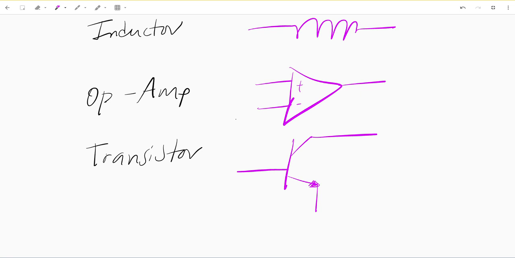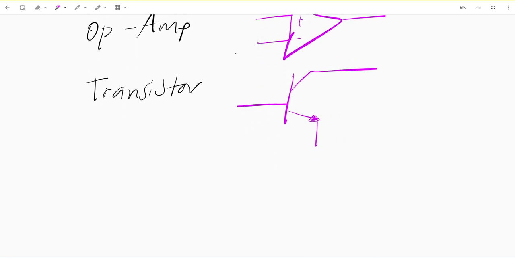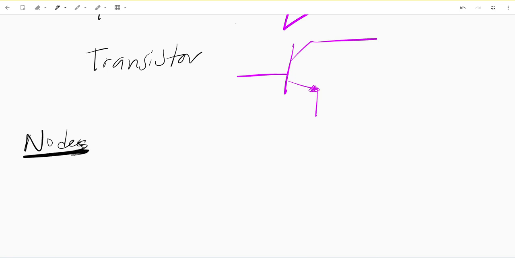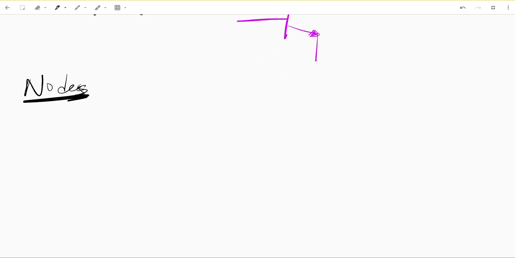Next, we want to discuss an example. First we want to define what are considered nodes. Nodes in wiring.